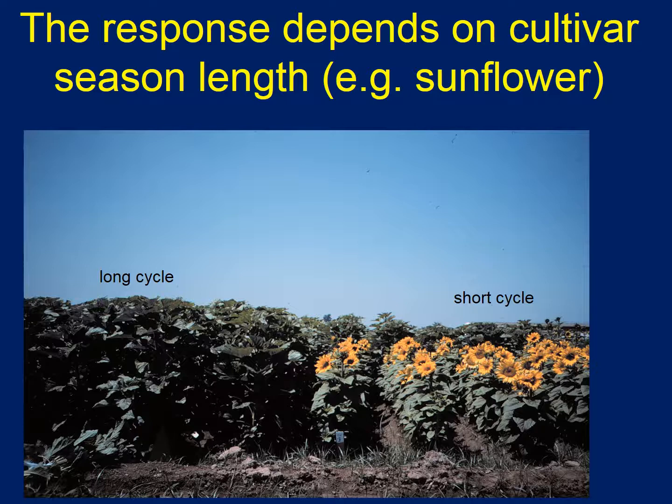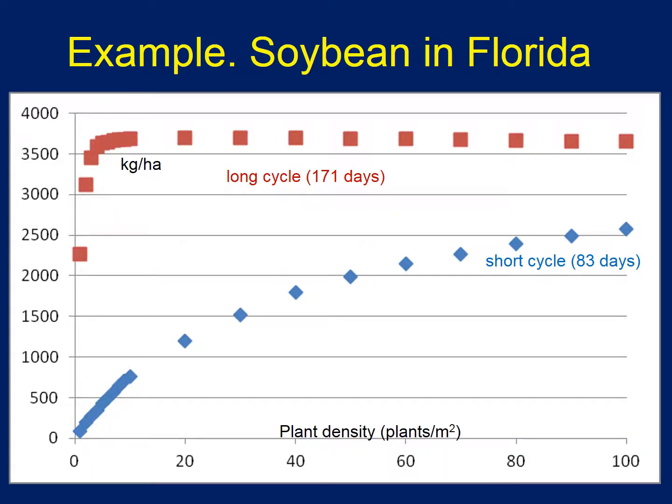On the other hand, at the same dates, the long cycles have grown more, filling the space. This would be an example for soybean in Florida, where we also see that the long cycles saturate with rather low planting densities, while the short cycles would require much higher planting densities to achieve maximum yield.